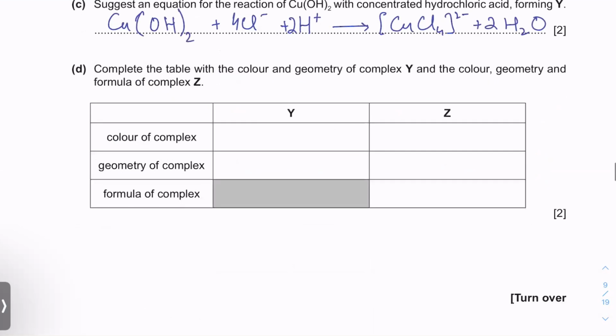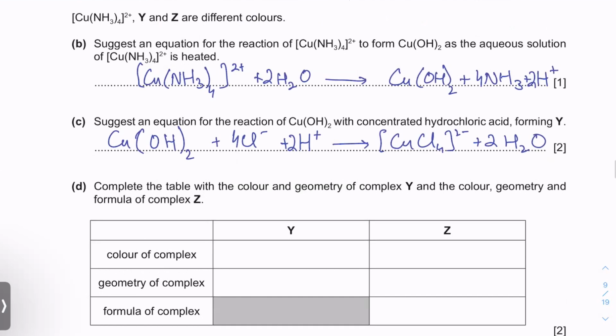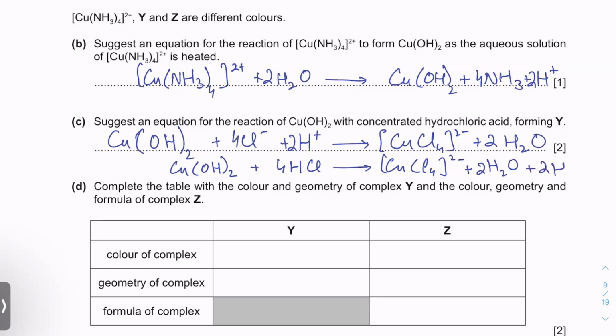Sir, can we write 4HCl instead of just Cl minus? We can, yeah. You can certainly. But उसमें फिर पता क्या होगा? If I write this, let's try it out. 4HCl. So I will get CuCl4 with 2 negative, but then I also have water made. 2 hydroxide और 2 water बनेगा और 2 H positive मेरे पास extra बच जाएंगे.